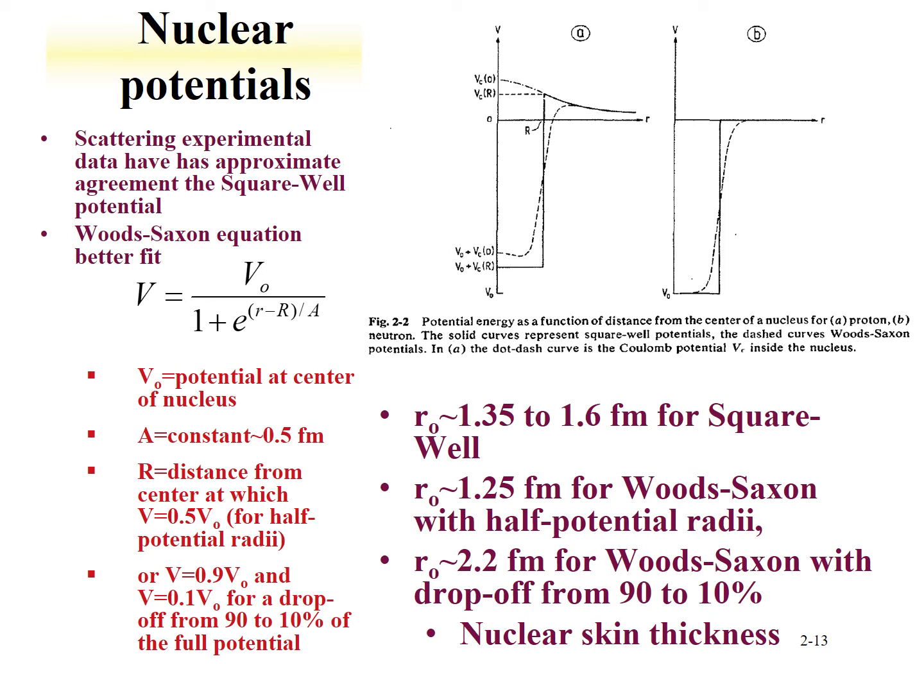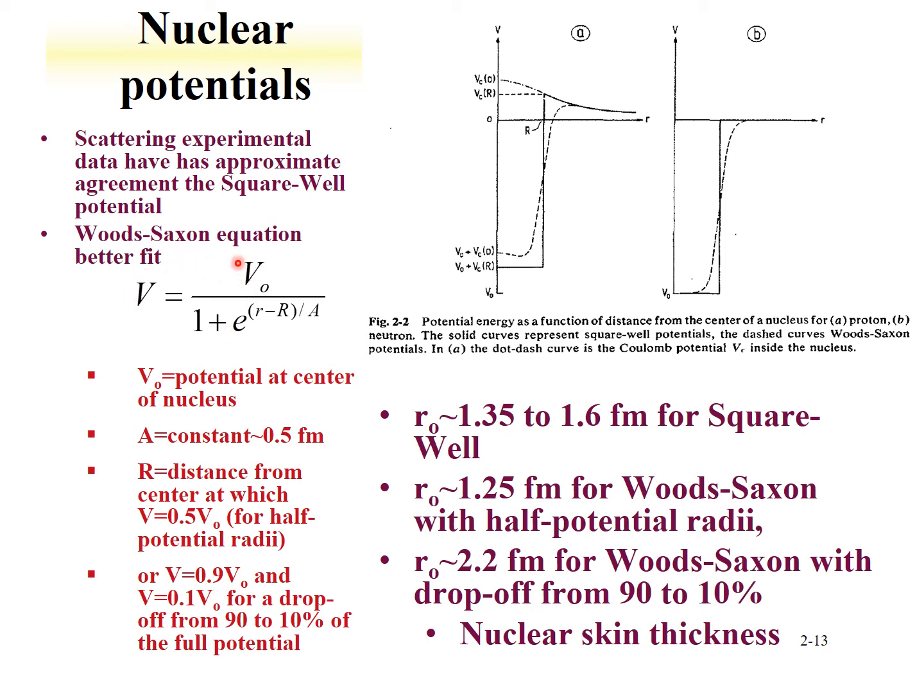Now, the data actually seems to point to a Woods-Saxon fit, and this is the dashed line. The difference is that you see in the square well, the distance is a little bit smaller at the bottom of the potential and larger at the top of the potential. But the reason for this is that the Woods-Saxon potential can describe some of the variations in nuclear density as a function of distance from the center of the nucleus.